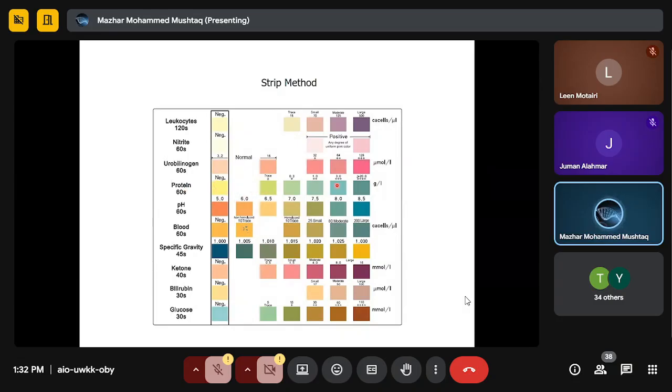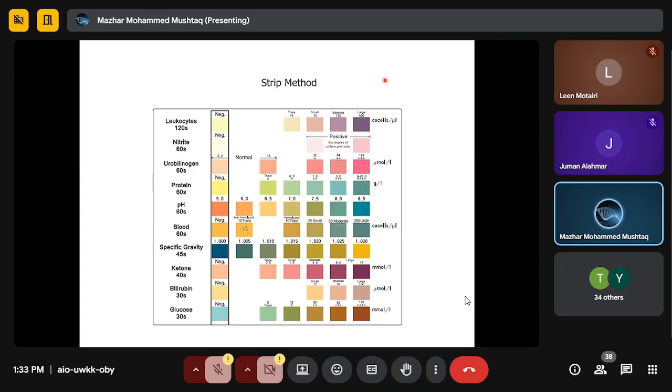As the intensity increases, the concentration of protein in the urine also increases. And similarly, this is the pH. You have the blood, the specific gravity, the ketone bodies, and the bilirubin and the glucose concentration in the last.